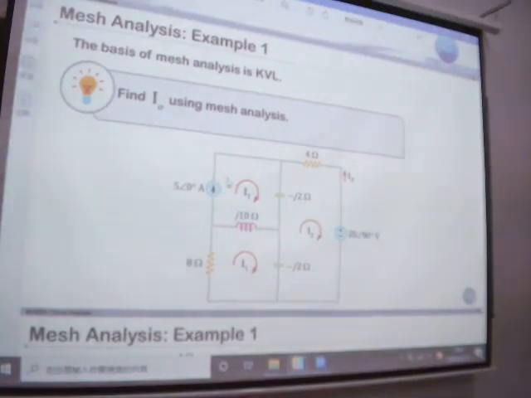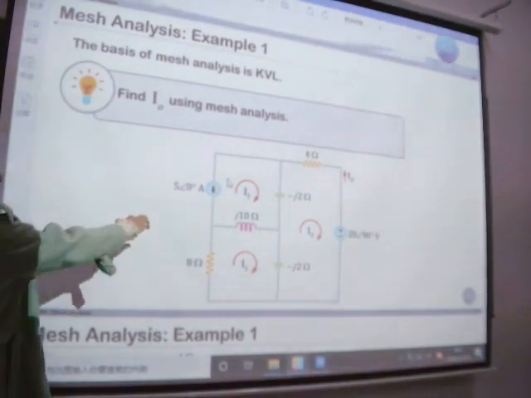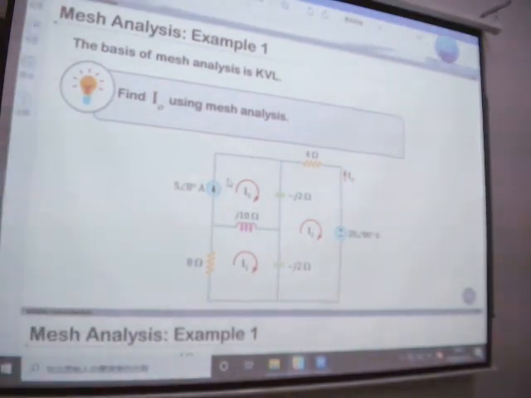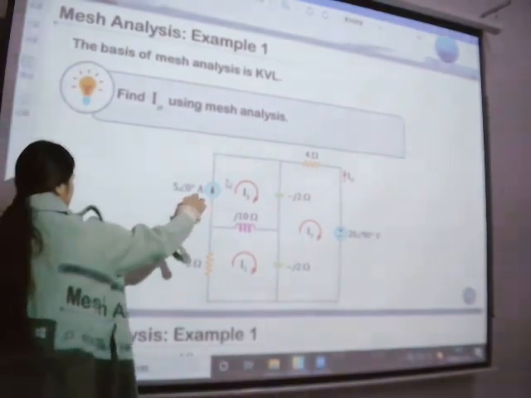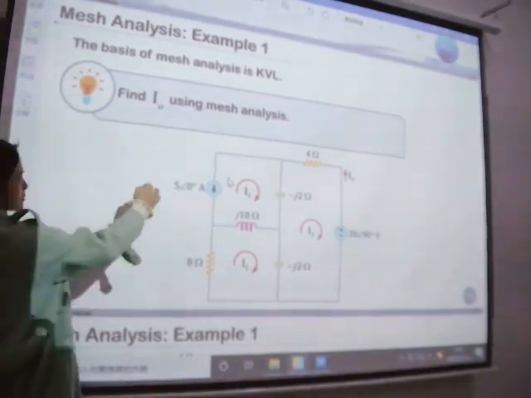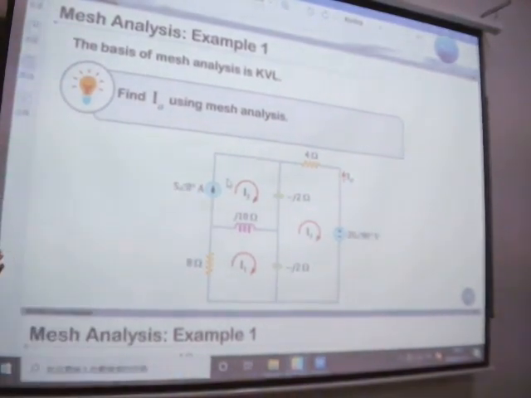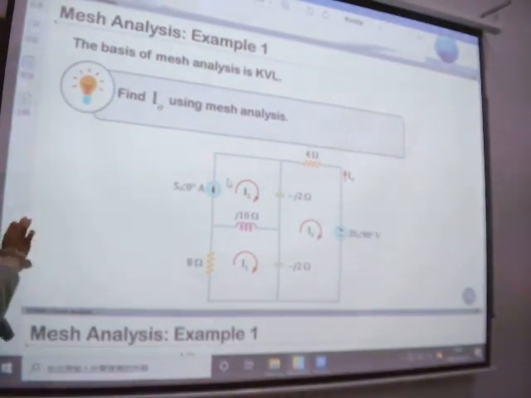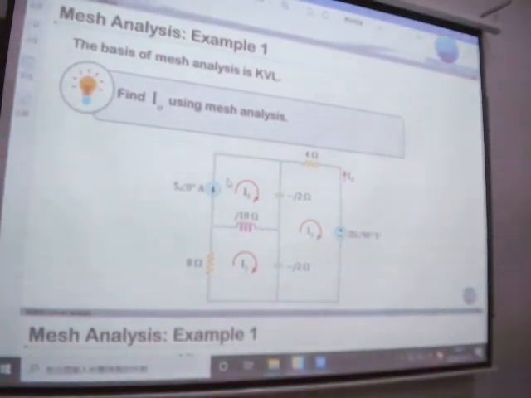Suppose this one should be a voltage source with voltage V. Okay, so now this one is positive, this one negative. So it is rise. So it's positive V. Then we need to get one more equation for this thing.